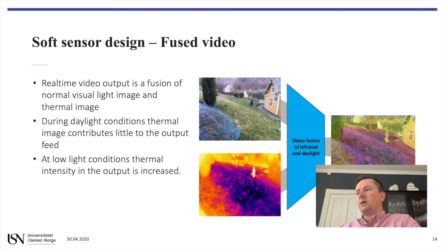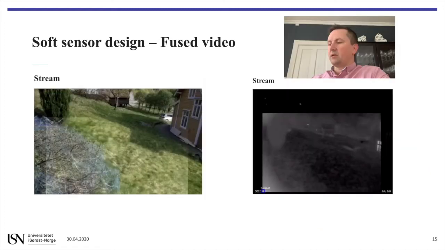sensor. And the way we do it is that we overlay the images, and the intensity of the thermal sensor is determined by the intensity of the visual light sensor, so that in low light conditions the thermal sensor outputs a lot higher intensity.